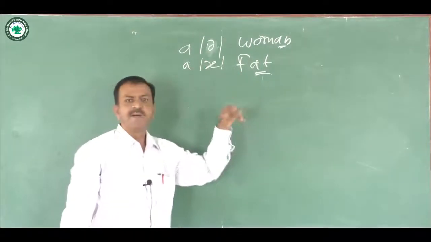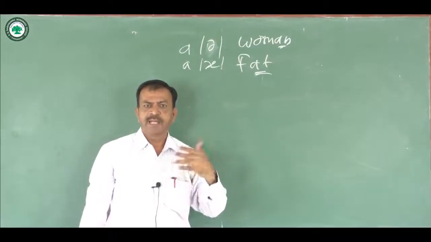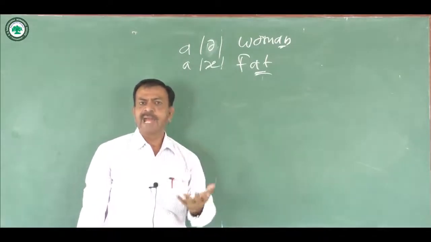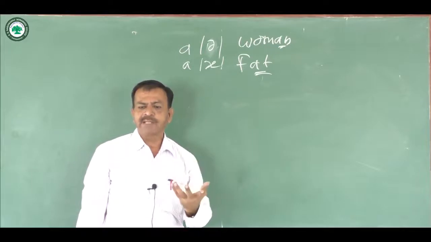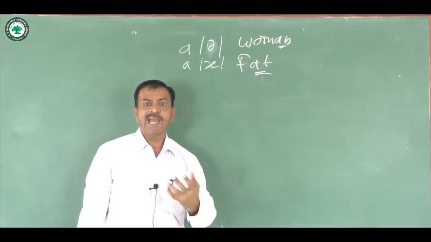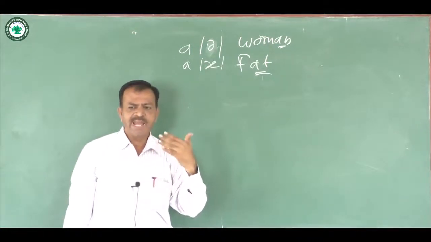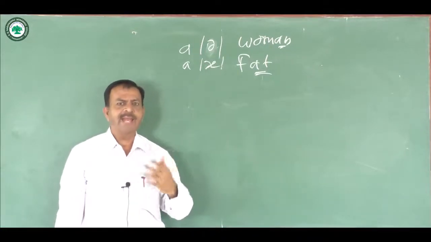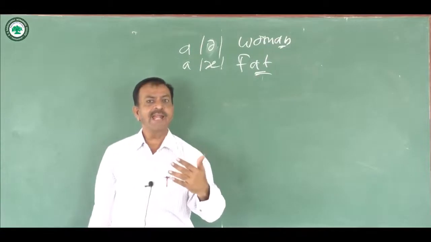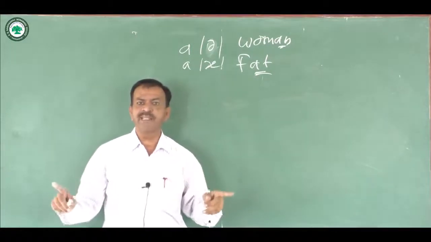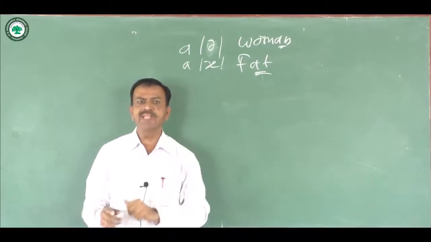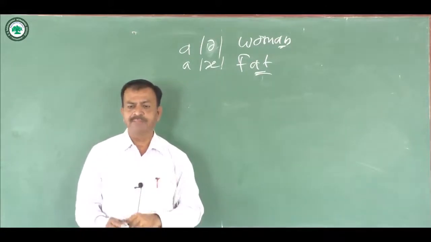For example, fat, cat, bat, battle, can, dam, flat, pan, sad. In all of these examples, letter A is pronounced the same.